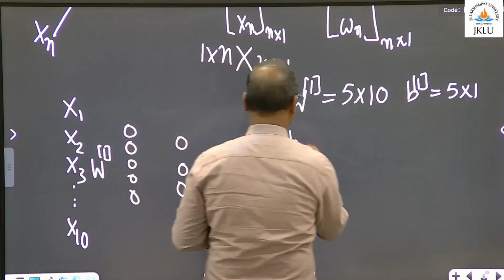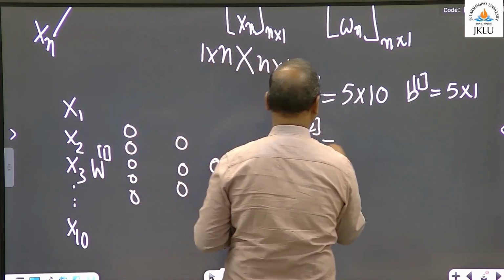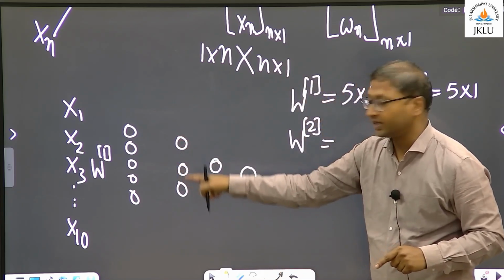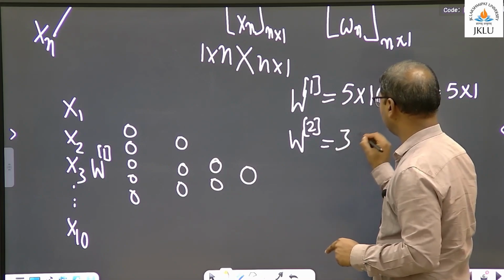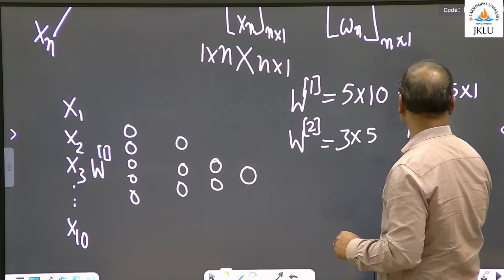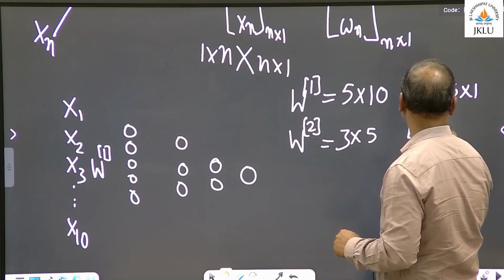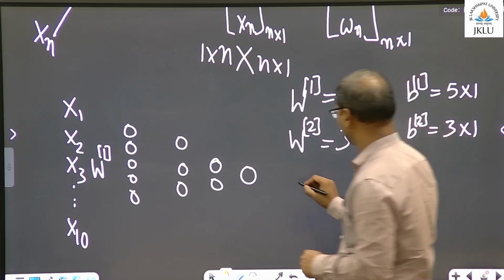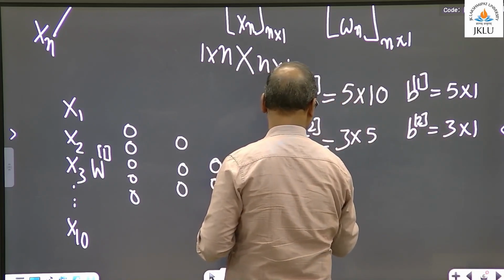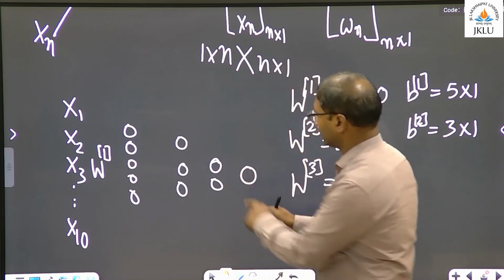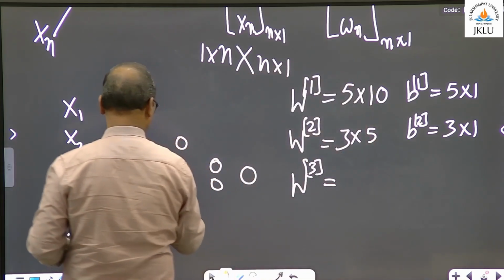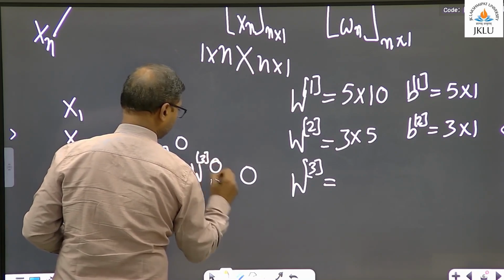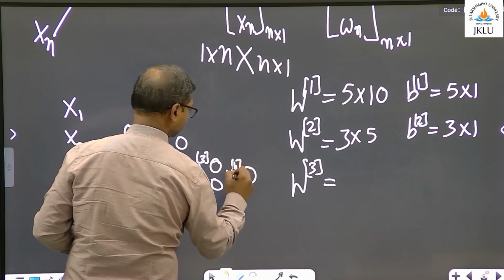Now tell me W2. So W2 is here. It is 3 cross 5. Anybody who is not getting this, let me know. B2 is 3 cross 1. W3 is, so this is my W2, this is my W3 and this is my W4.